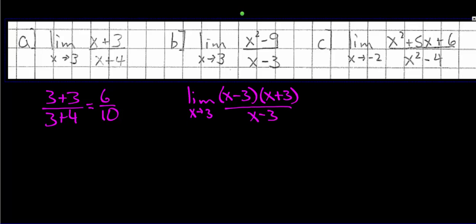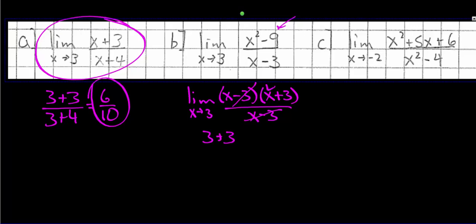Normally, if you have a rational function like this and you can plug in and get a number, not 0 over 0, but just a number like 6 over 10, you're good. If you plug in and get 0 over 0, that tells you you need to do some work before you can get at the limit. In this case, we factor and we notice we can divide out that x minus 3, and then we can plug in. We get 3 plus 3, and that's 6.